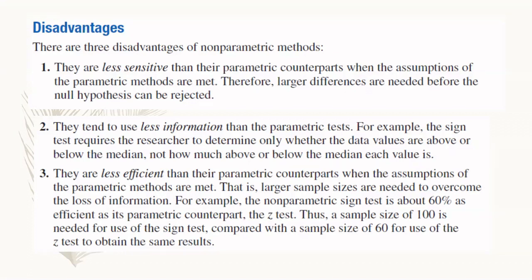Kasi kung isang information lang gagamitin natin sa isang test, maaari na hindi makapture ng information na yun yung difference. So for example, compare natin ako sa movie star. Kung gagamitin lang natin yung information on intelligence, maaaring hindi ma-detect kasi pareho kaming matalino.